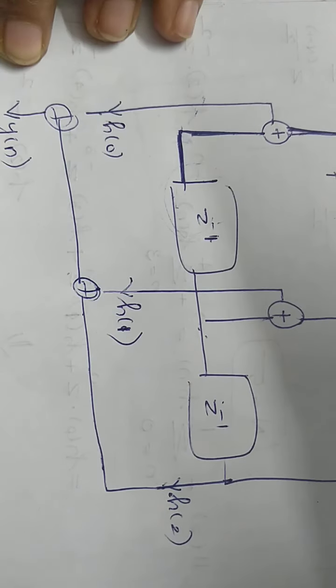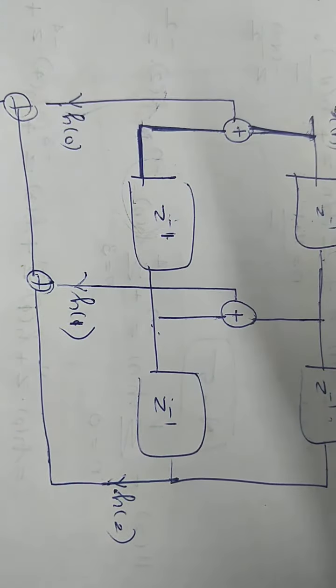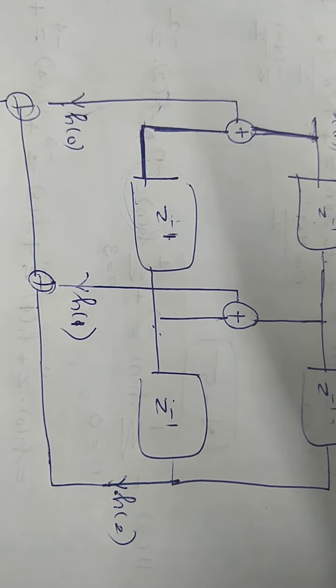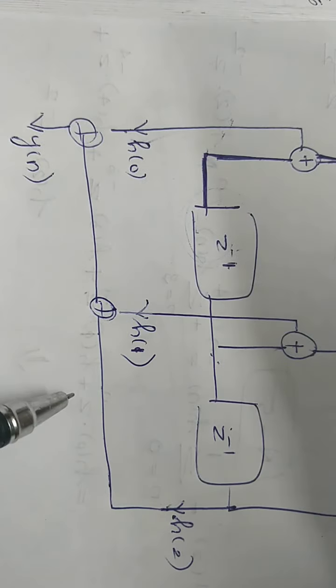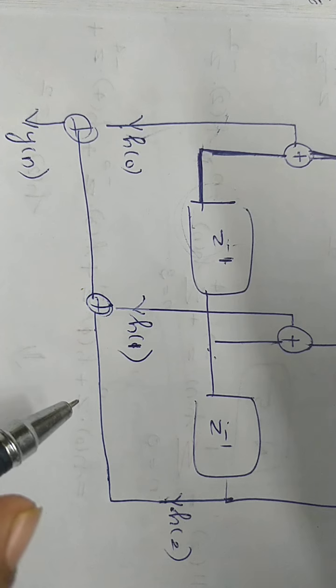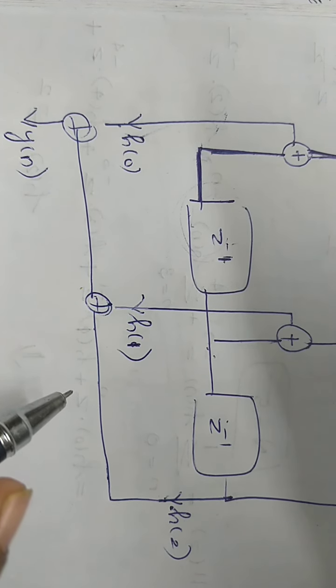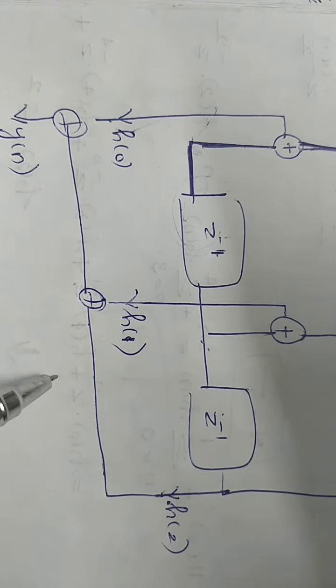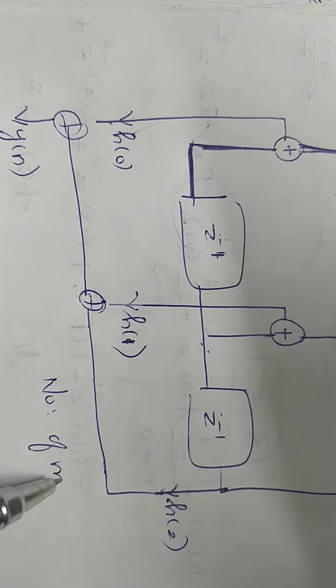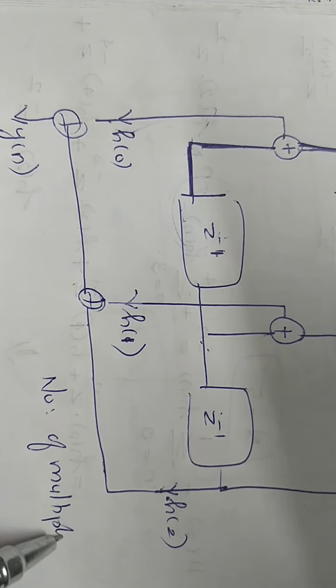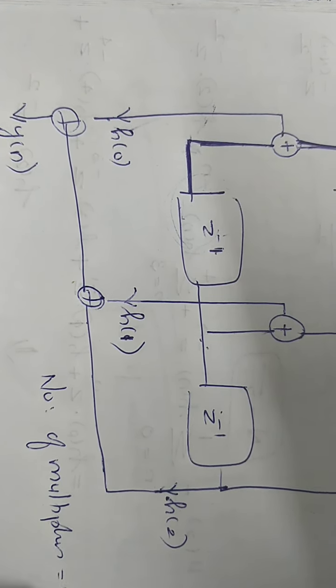This is the case when n is odd. The last case is when n is even, where the number of multipliers required is n by 2. Here the number of multipliers required is (n plus 1) by 2.